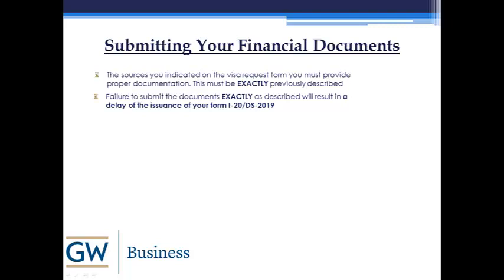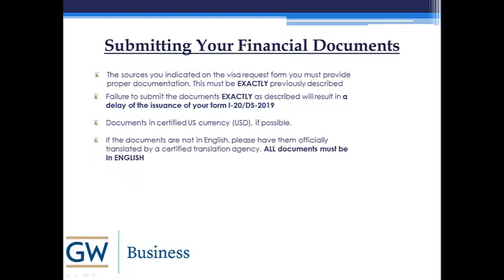To ensure you have enough time to apply for your F or J1 student visa, please submit all required documents exactly as described. If possible, please have all documents certified in USD. All statements must be in English. If the documents are not in English, please have them officially translated and certified by a translation agency.